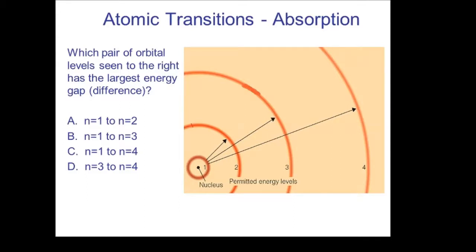All right, so I think I see more C than anything else, which is good. So the largest physical gap is the largest energy gap. Okay, so the longest distance is from 1 to 4. That's the biggest gap. Okay, great.